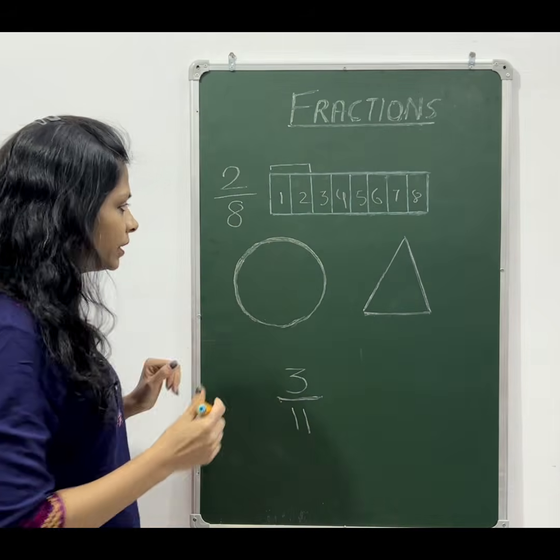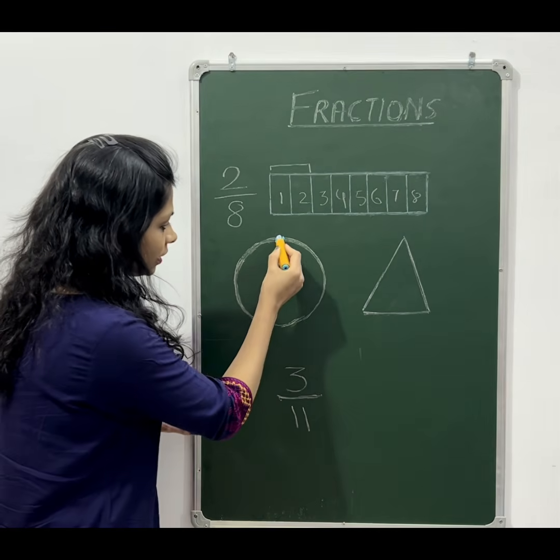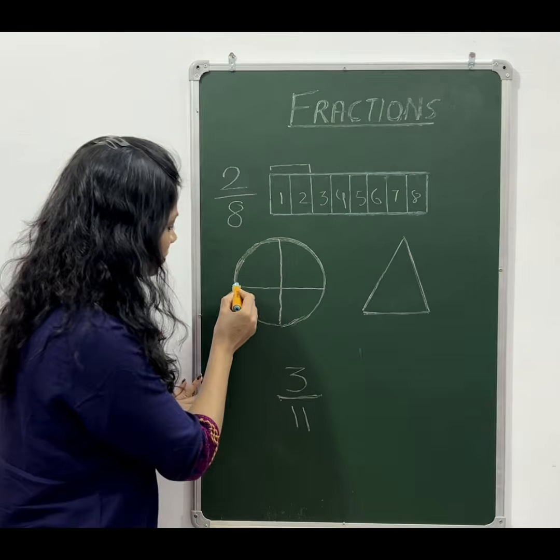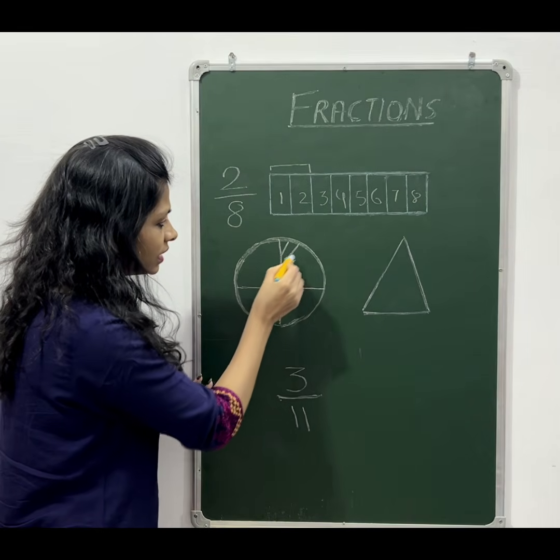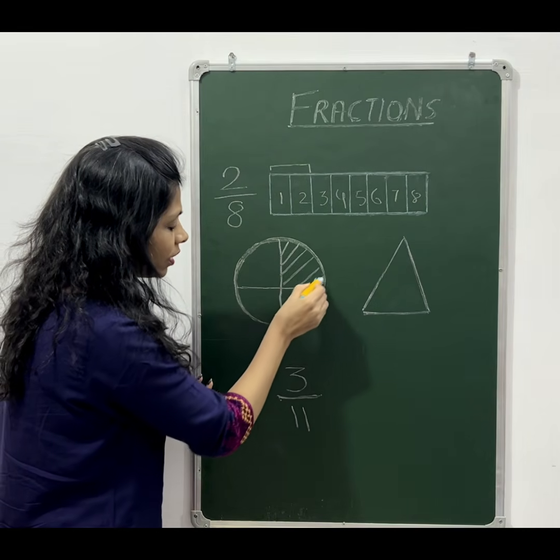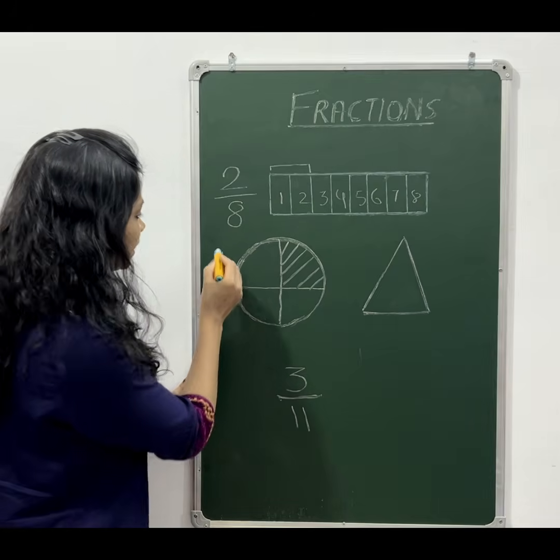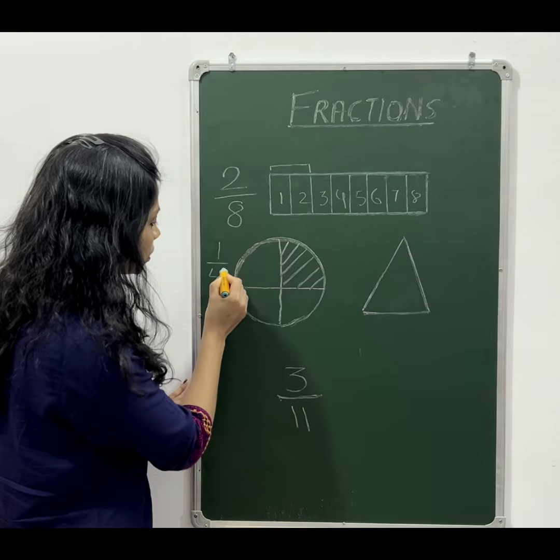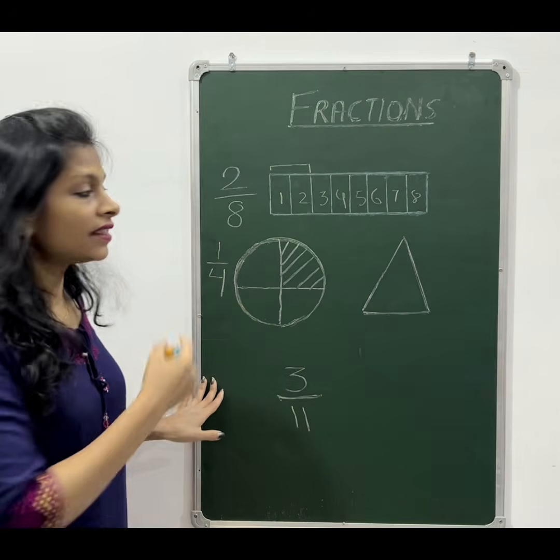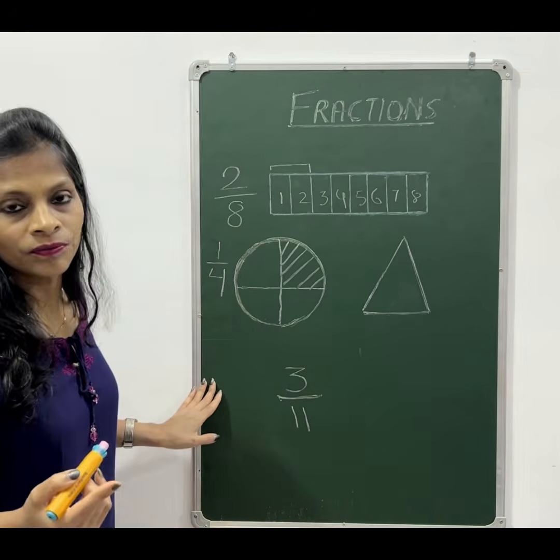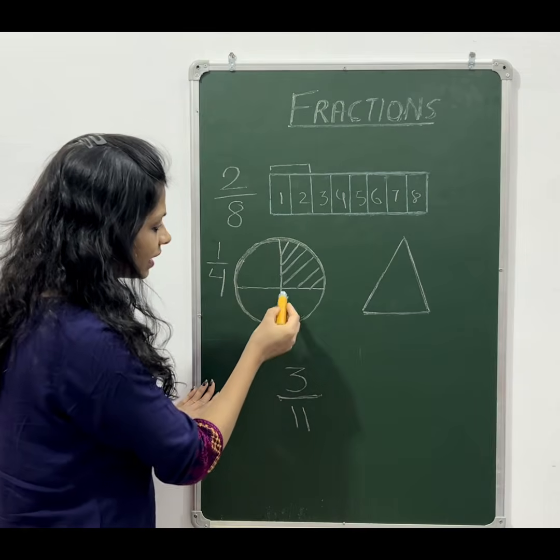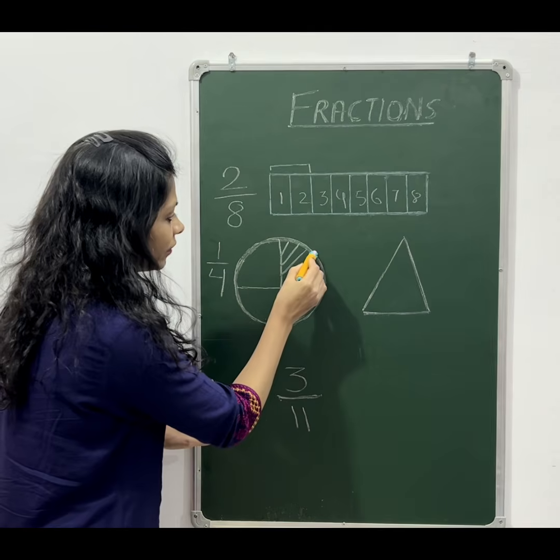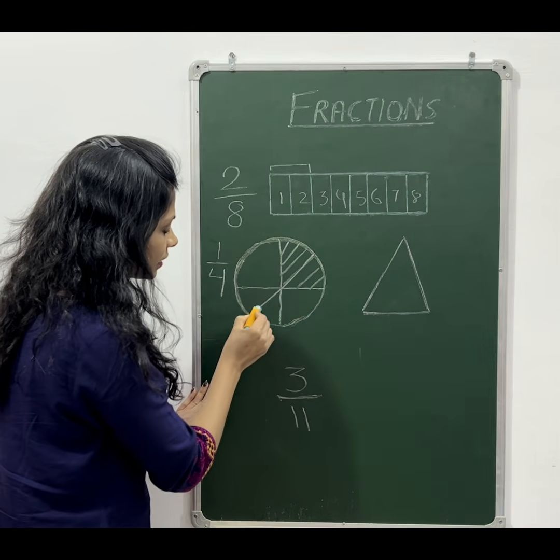Let's say I have a pizza, and in this pizza I have 4 slices. If I am talking about just one slice, then I will say this is one slice out of the total 4 slices, and that is how you represent a fraction. Now let's say instead of 4 portions in this pizza, I have 8 slices.